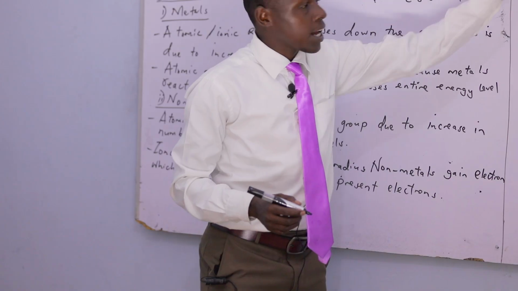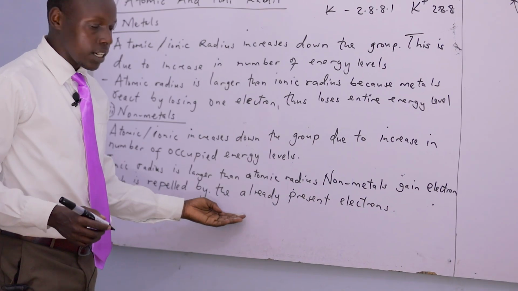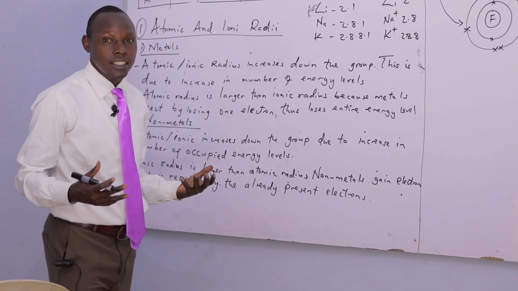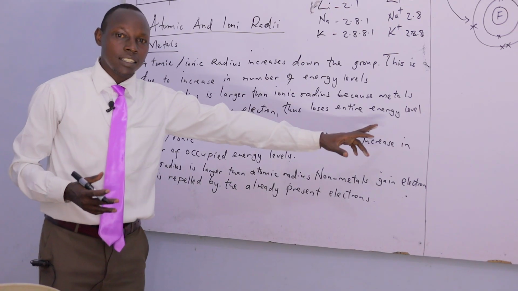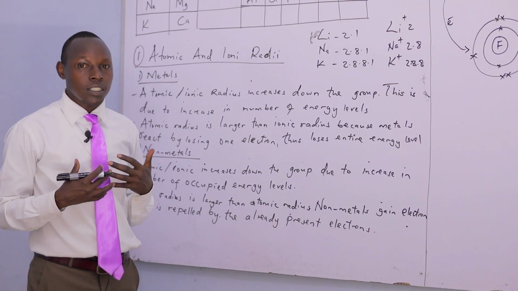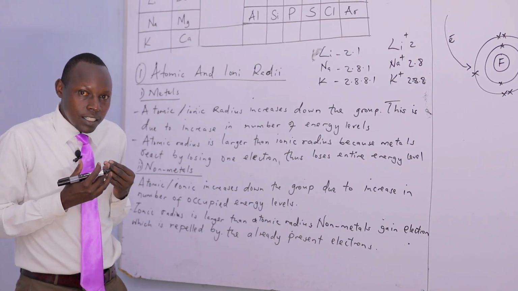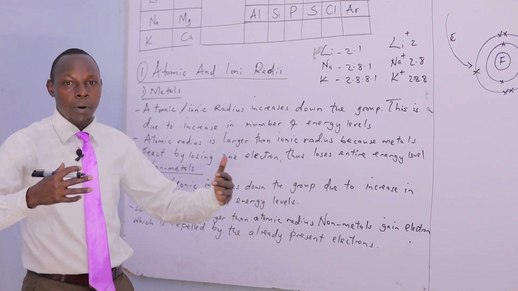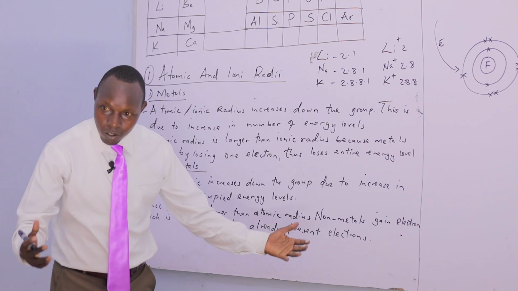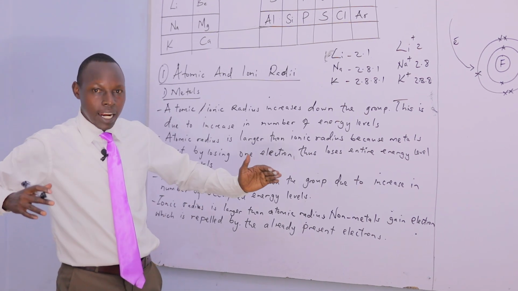So the incoming electron is negatively charged. The electrons already present in the atom are negatively charged. So as the electron comes in, it faces some kind of repulsion. That kind of repulsion force makes the ion to be larger.